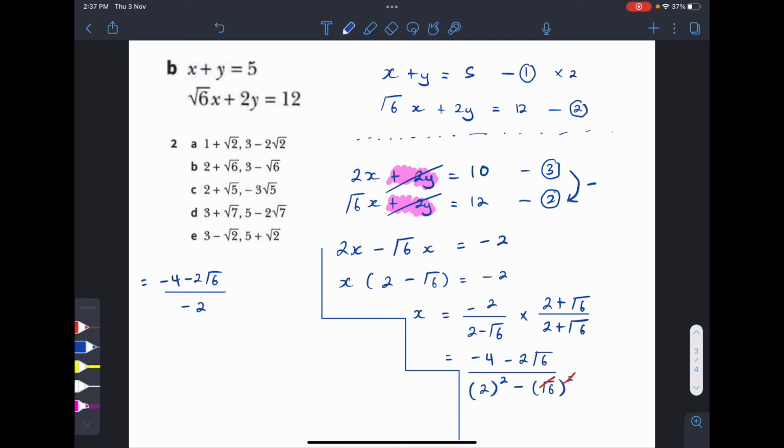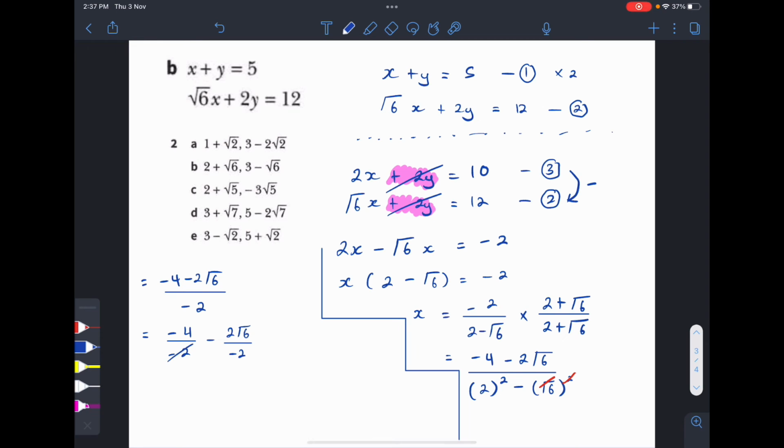And we can kind of divide this right now. Because essentially what you guys have right over here is, I can do this the fast way, or if you guys want to do it slow, then it'll be looking like this. Negative 4 divided by negative 2 minus 2√6 over negative 2 as well. See, you can kind of do it this way.